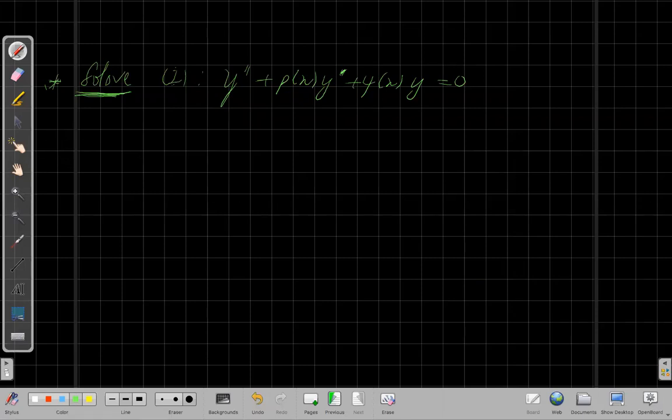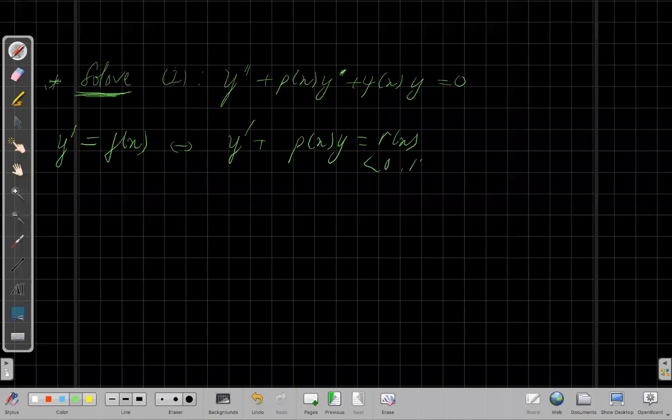In the first chapter, we discussed the first order ordinary differential equation represented by y prime equal to f as a function of x, or specifically in the linear form, y prime plus p(x) y equal to r(x), which may be 0 or not 0.